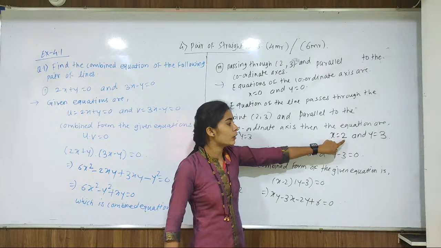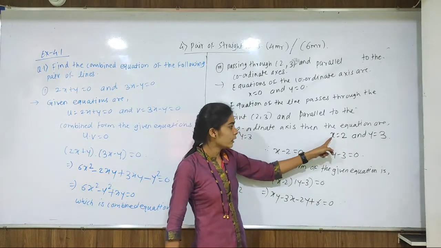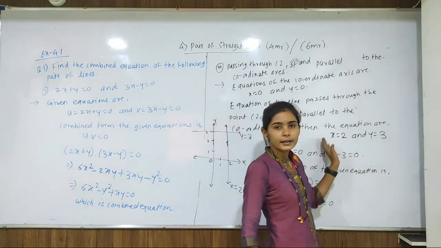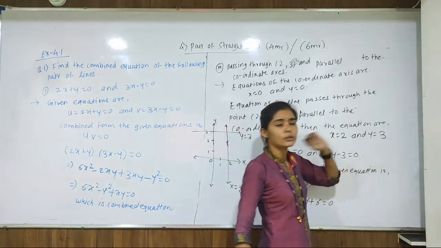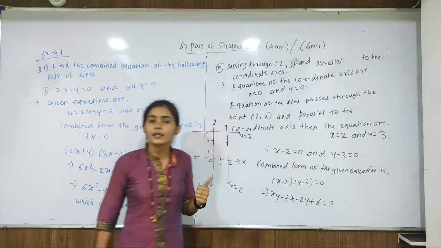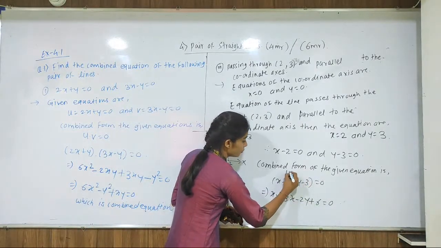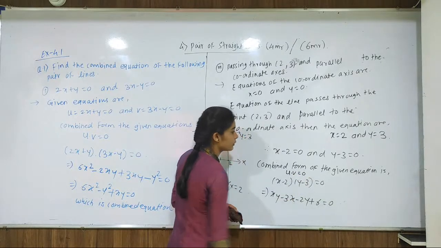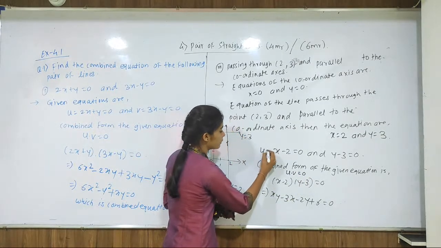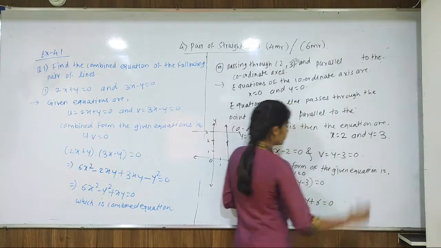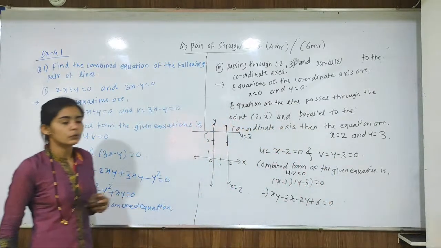Because here x is equal to 2, shift this 2 to the left, so x minus 2 is equal to 0, and y is equal to 3, shift the 3 left, so y minus 3 is equal to 0. To find the combined equation, we will take u into v is equal to 0. Therefore u is x minus 2 is equal to 0 and v is y minus 3 is equal to 0.